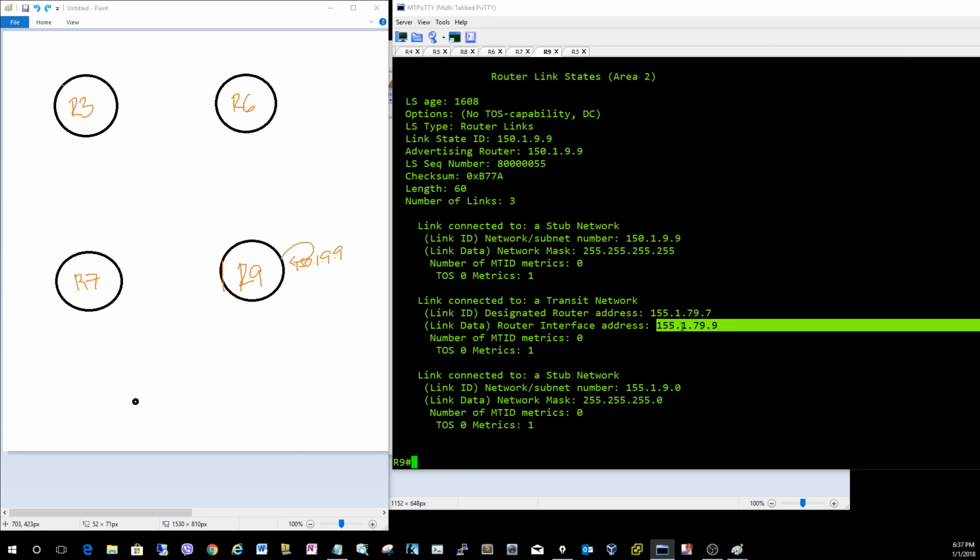The router interface address means this is our address on that specific segment, so we'll mark it here: that is 155.1.79.9, and the designated router address is 155.1.79.7. So somewhere in the network, the designated router is 155.1.79.7.